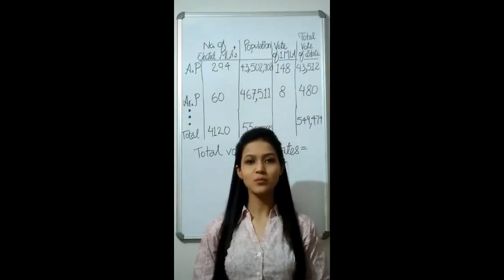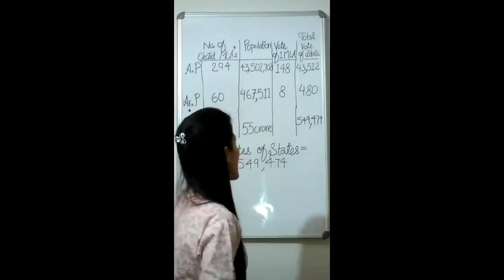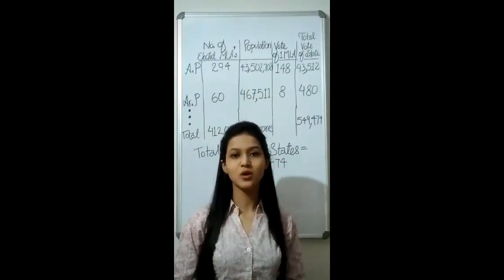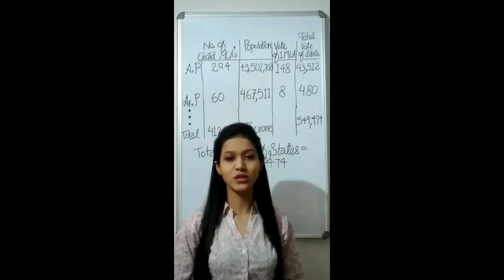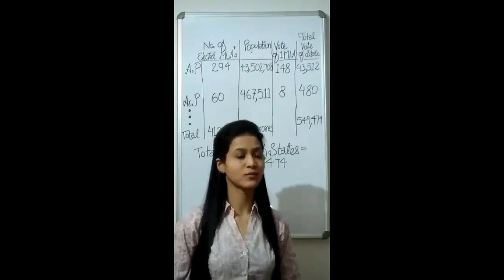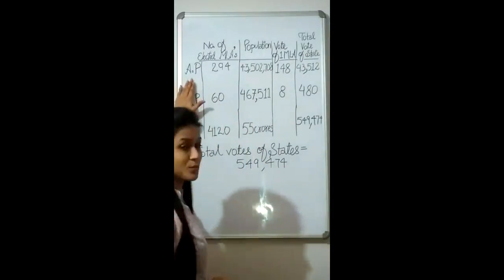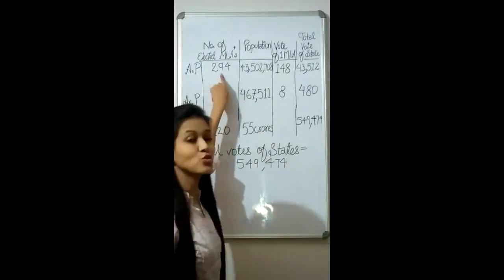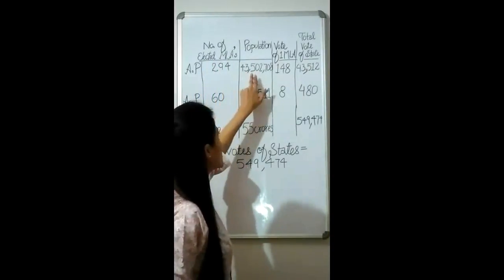Now, we will come to the mode of voting. I am taking Andhra Pradesh and Arunachal Pradesh, two states, because alphabetically these two states come first in the state list. In Andhra Pradesh, the number of elected MLAs is 294. The population is this.